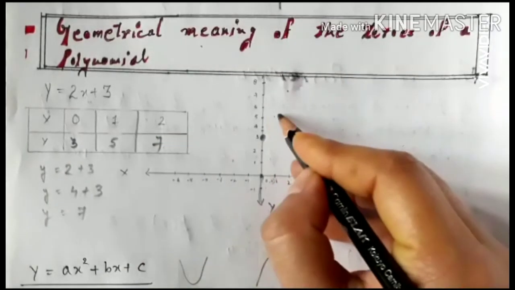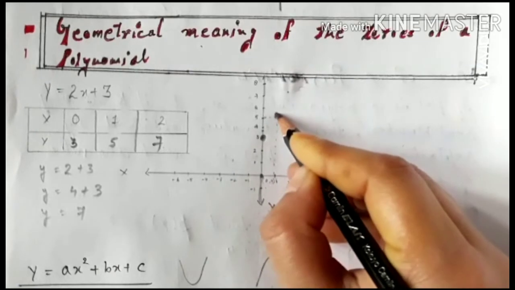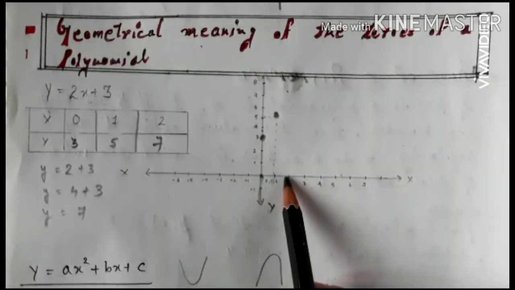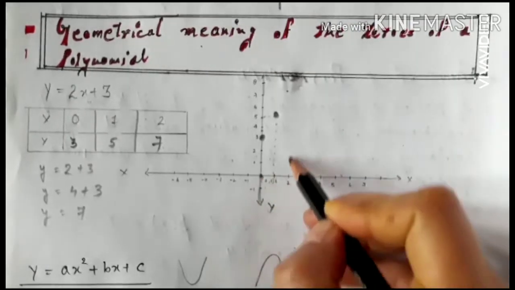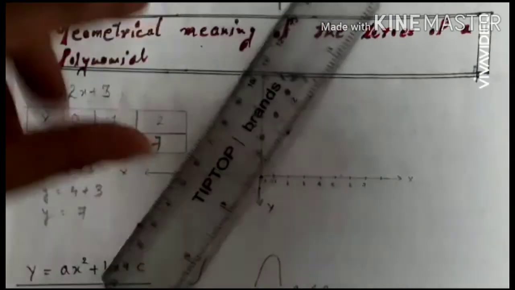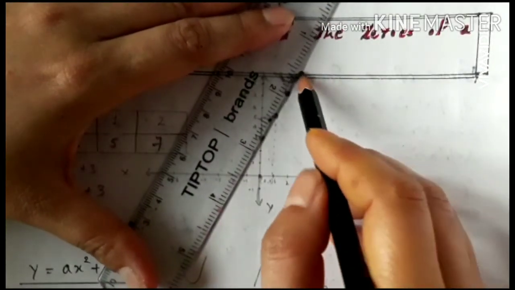Next, x is 2 and y is 7. Now join these points in a line on the graph paper.